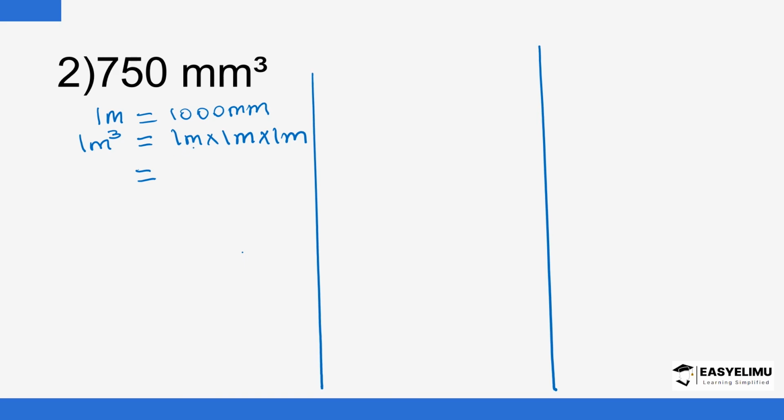Each of these meters is 1,000 millimeters, so we have 1,000 millimeters times 1,000 millimeters times 1,000 millimeters.